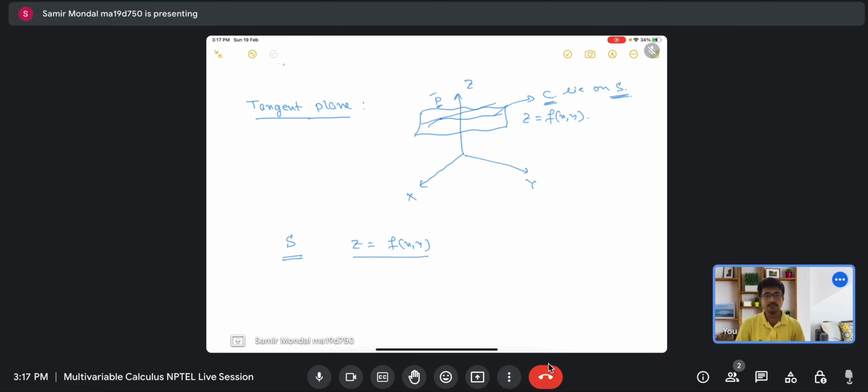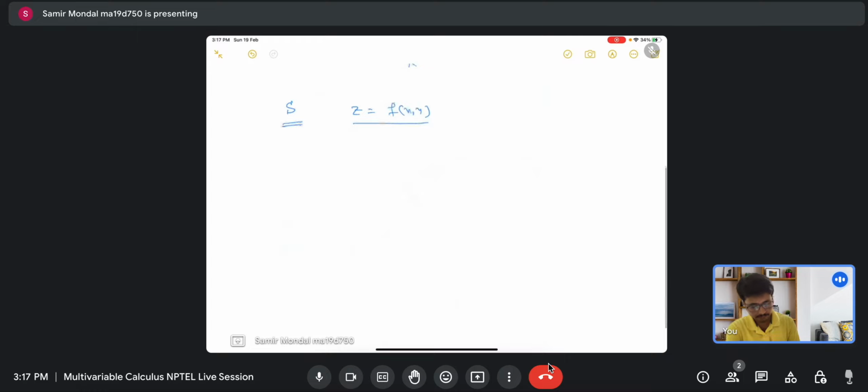Then what is the equation of the tangent plane? Let S be the surface z equal to f of x, y.